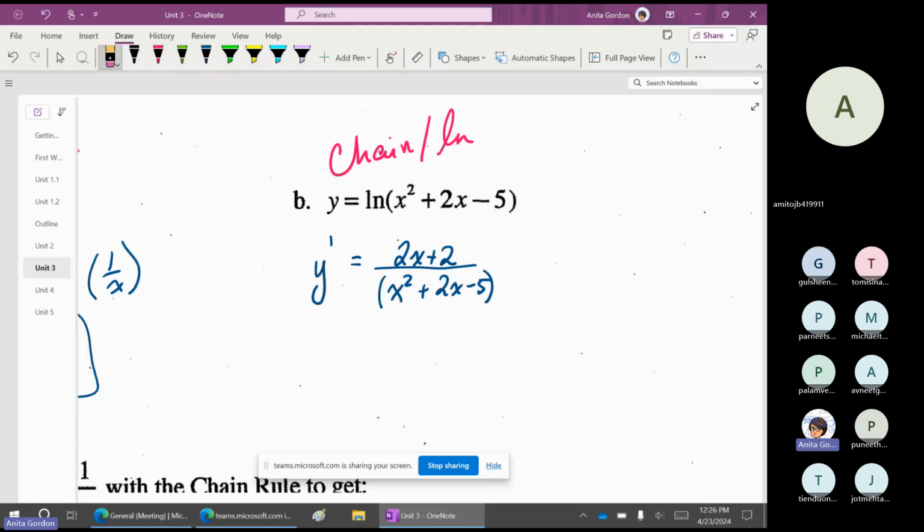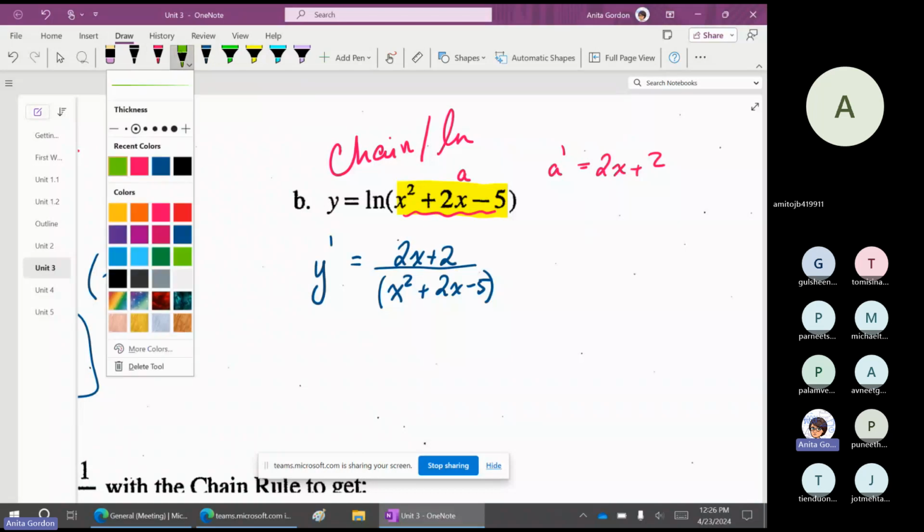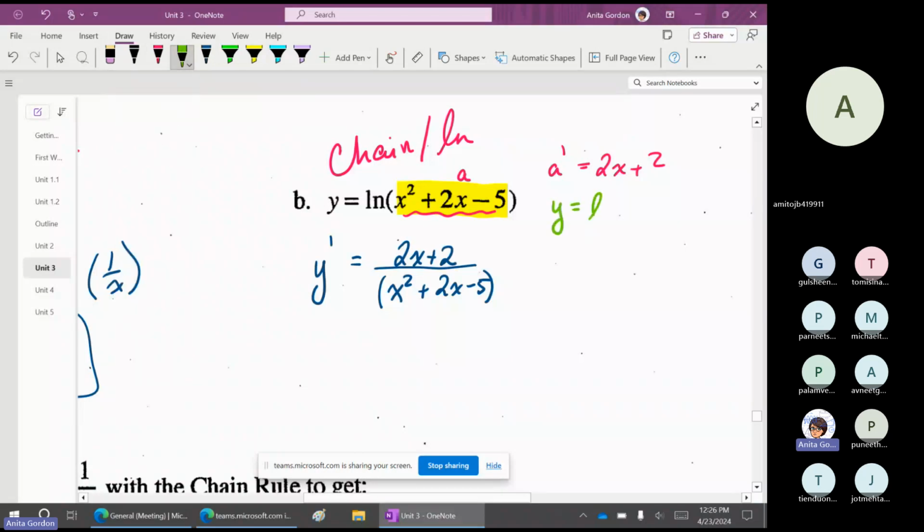Okay, let me back up. I called this A, and therefore A prime is 2x plus 2. I'm taking the derivative of the inside. Because y prime, if I wrote it like this, pen work, y equals ln a, y prime is 1 over a times a prime by the chain rule.